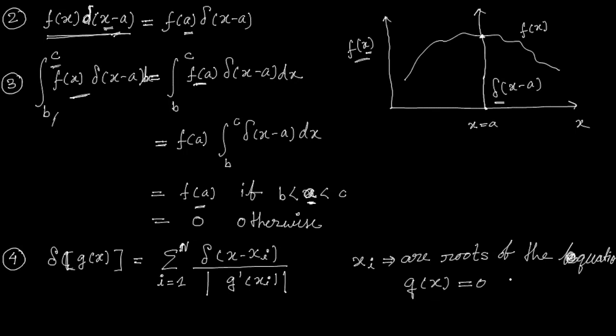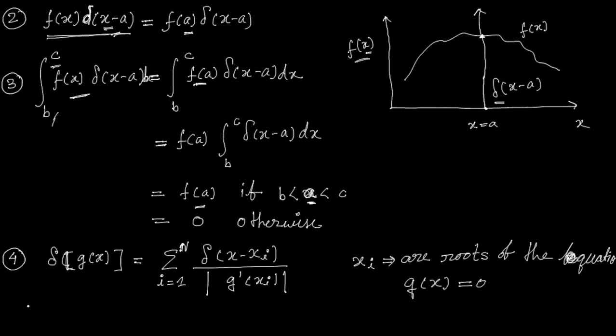If we make this g(x) equals 0, we'll get some value of x, and that x is represented by xi. So this is the solution of this equation, g(x) equals 0.